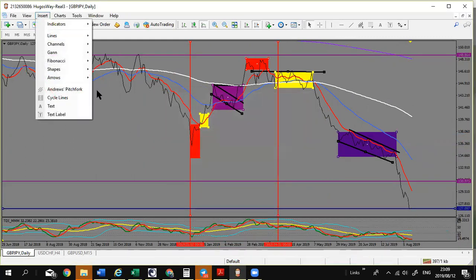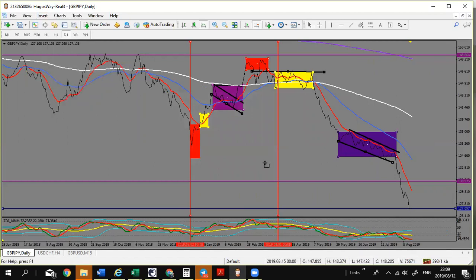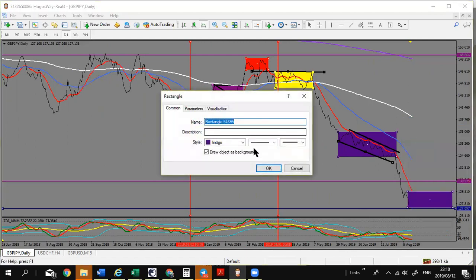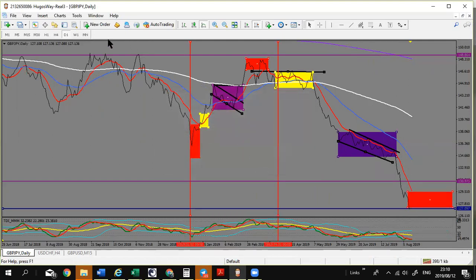So I would love to see them form the double bottom at this point so we can buy. I'd love to see something like this.